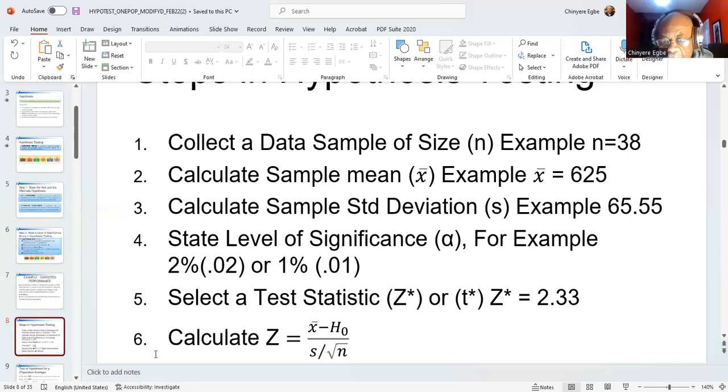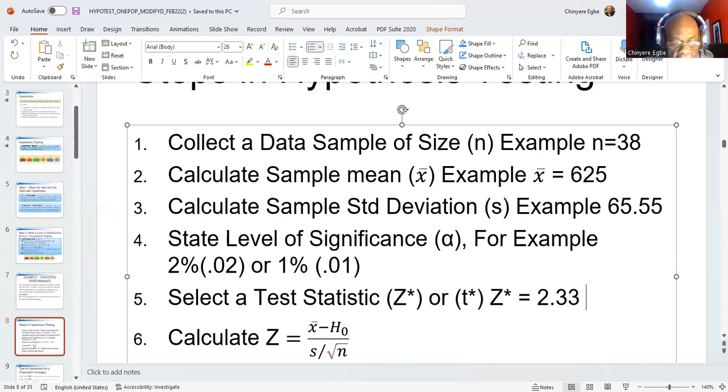So this is the critical value, the critical Z table, and the critical Z value. So you determine the critical value by looking it up based on the level of significance.